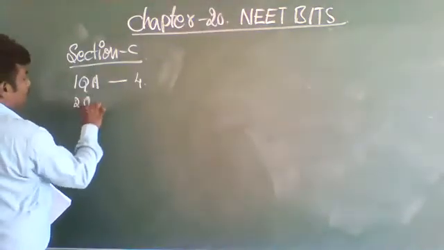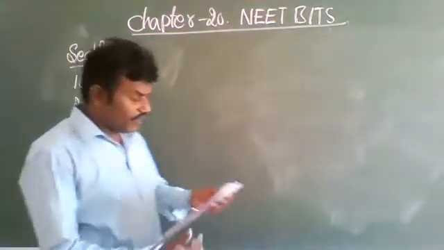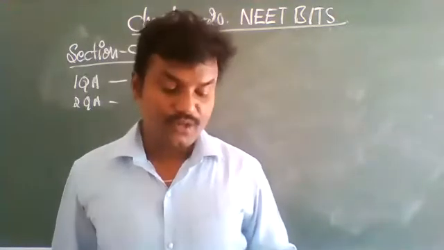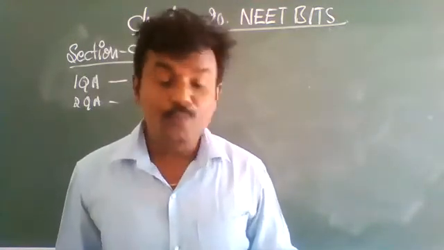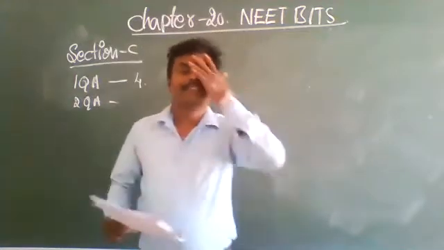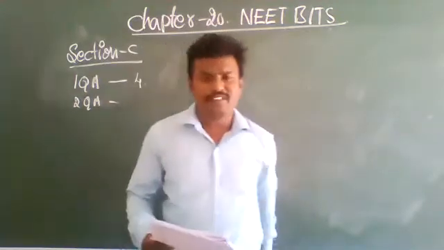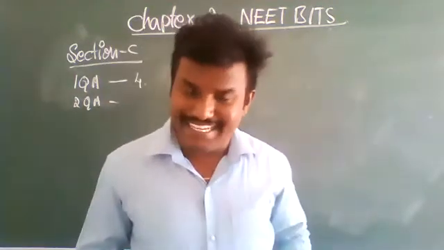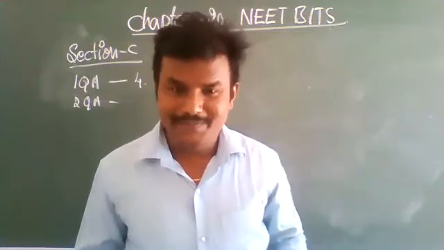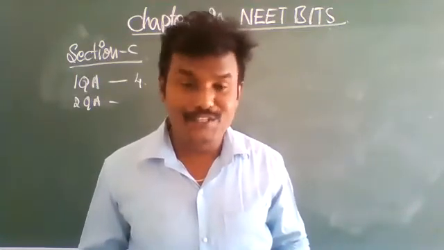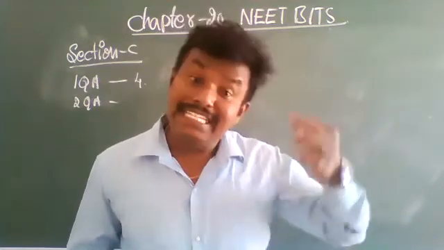Try to say the second question's answer. Which of the following joints would allow no movement? For this type of question, I said there are fibrous joints, cartilaginous joints, and synovial joints.